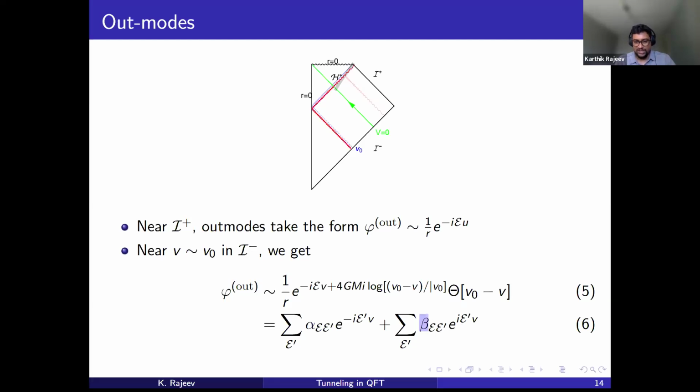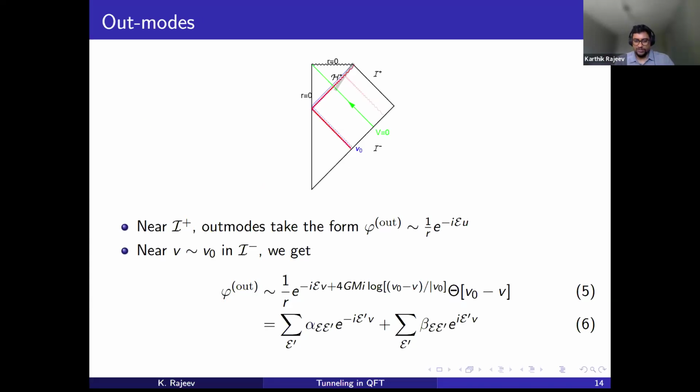So this beta is the coefficient describing the negative energy component that has come about during the evolution backward, and that coefficient beta is what encodes particle production.